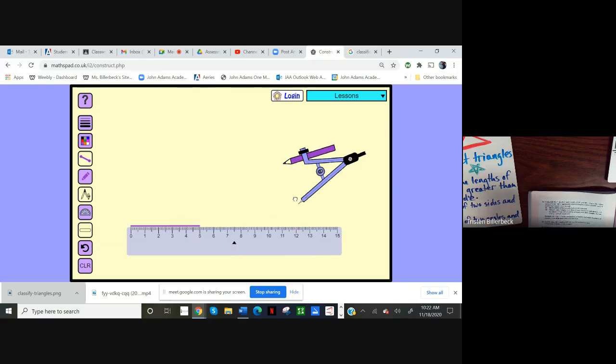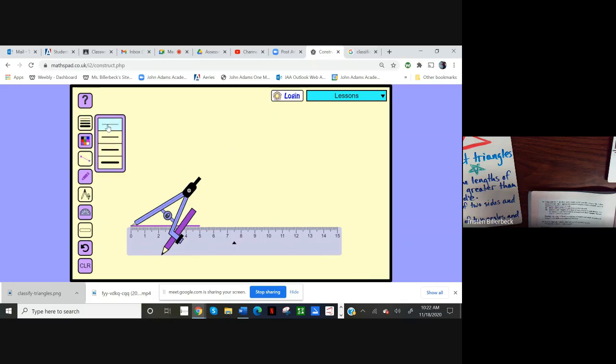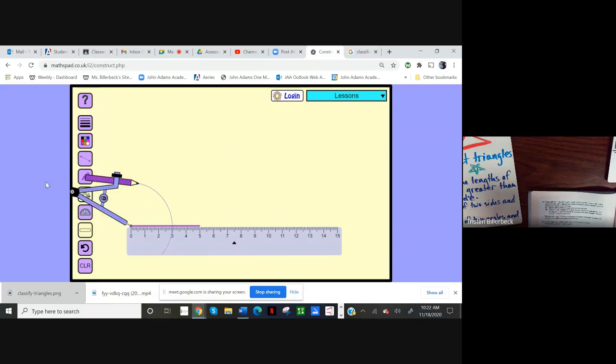All right, so if the two sides did not add up, let's say I had a side that was 3, whoops, let me go back to the construction line, and a side that was 1. Oops, let's just set that up here.